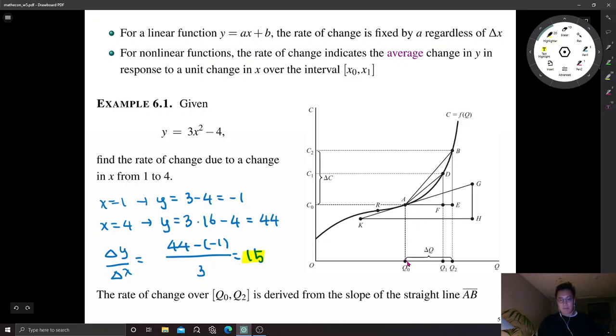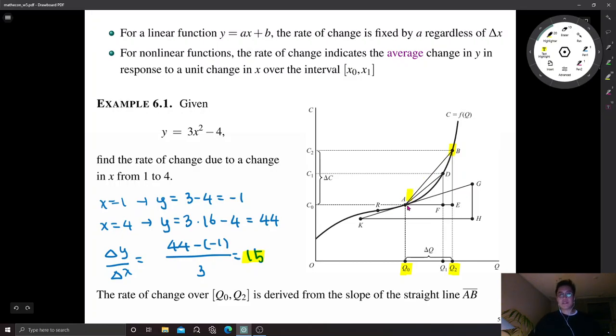If we think about the rate of change of this function over the interval between Q0 and Q2, then the rate of change is going to be the secant line. The line connects the two points A and B on the graph, and the rate of change is going to be the slope of this secant line.